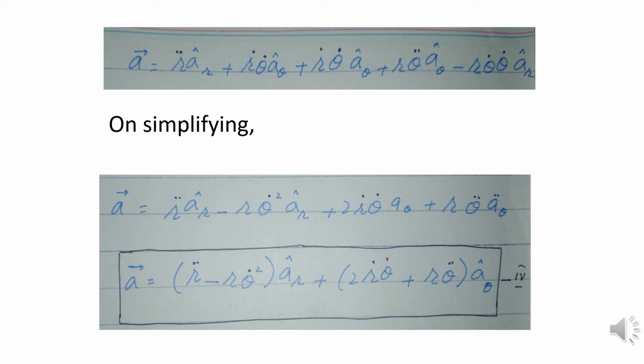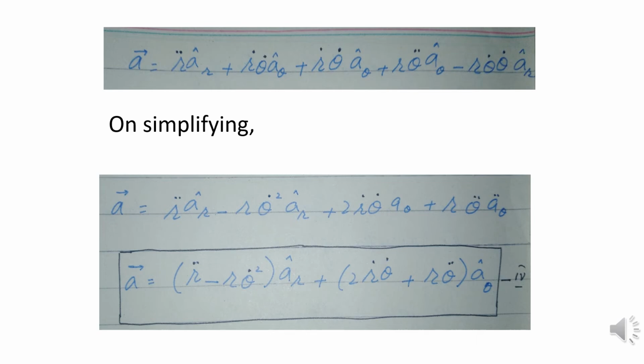Now simplifying that equation, we get that A vector is equal to r double dot ar cap minus r theta dot square ar cap plus 2r dot theta dot a theta cap plus r theta double dot a theta cap.